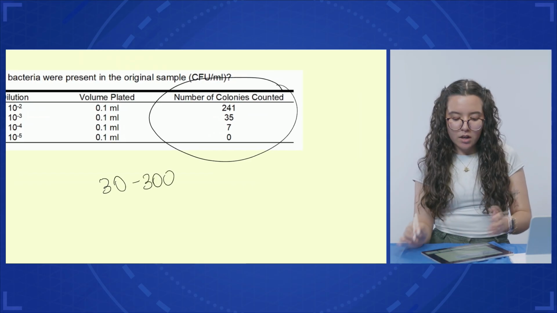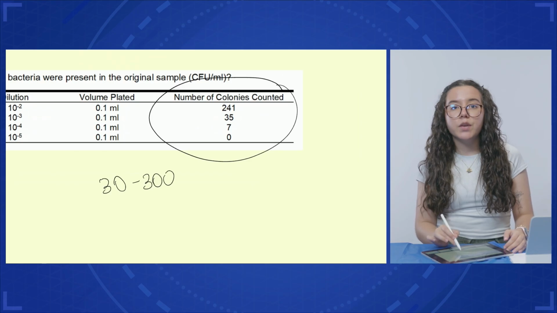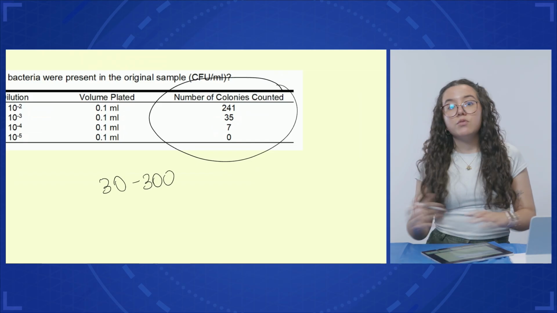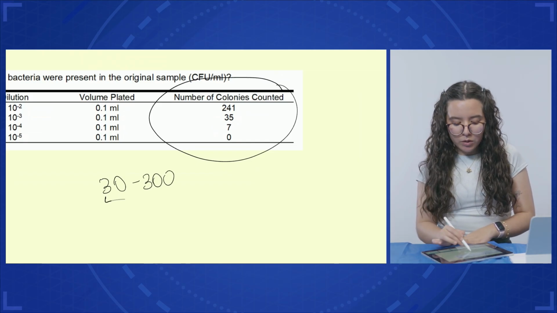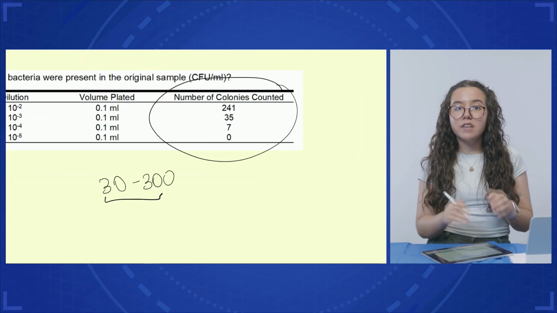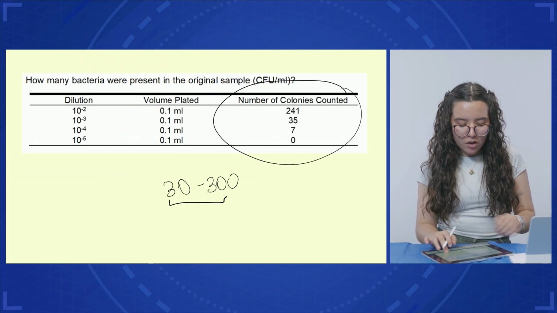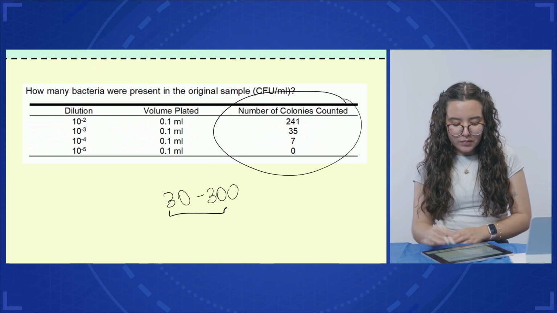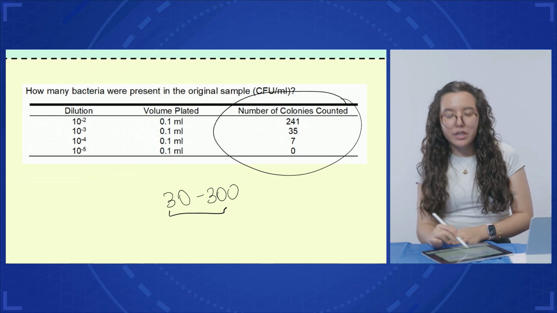Anything more, so anything above 300, is deemed too numerous to count. Anything below 30 is deemed too few to count. So this is the golden range. You're basically going to disregard everything outside of this range. So here we see that there's actually two different dilutions that fall within this range.